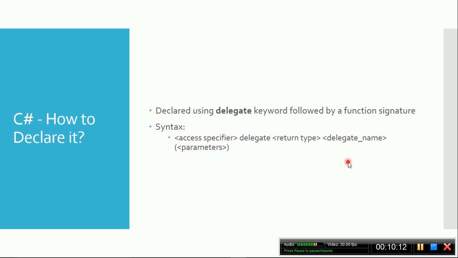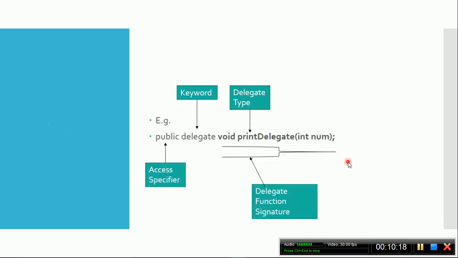We will see one small example of how we can declare this delegate. So here first we write public, which is the access specifier. We are saying this delegate is globally available to anyone who uses our class. Next it is followed by a keyword called delegate.